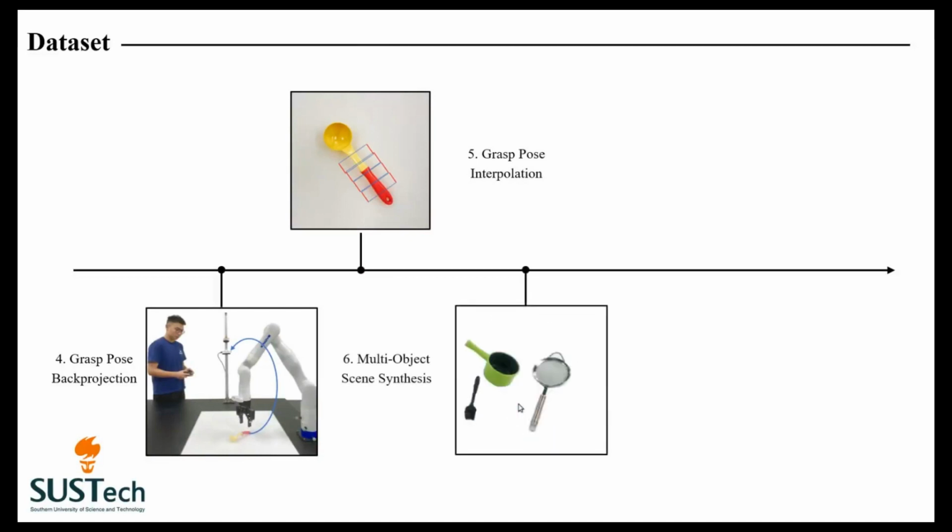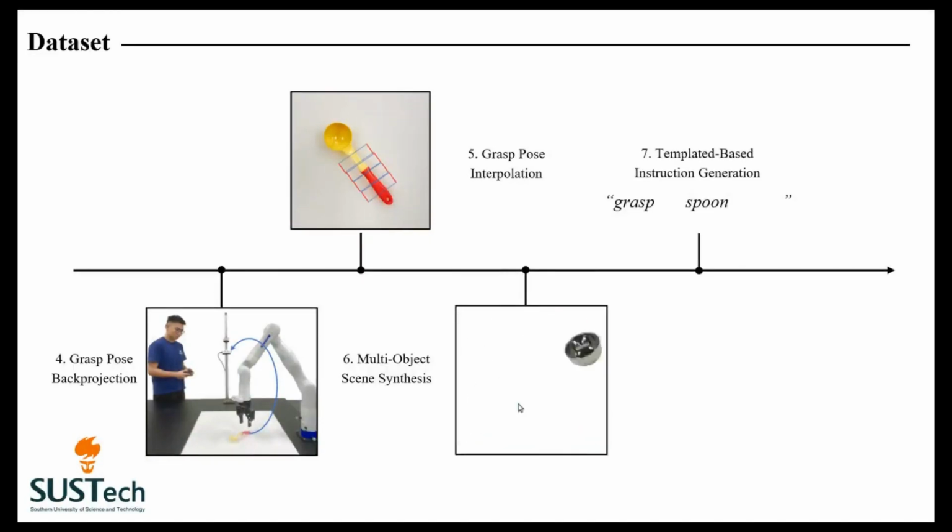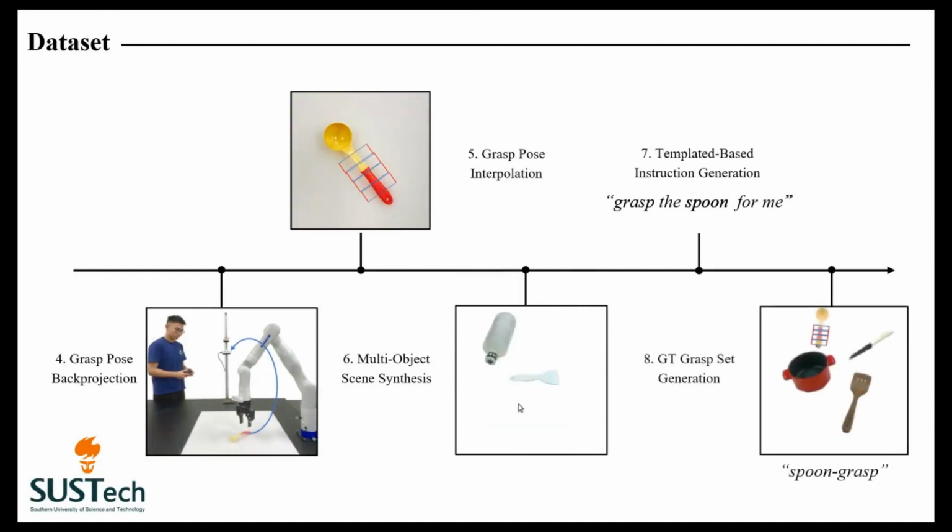Sixth, we sample single object data with random translations and rotations to form a multi-object visual scene observation. In the seventh step, a target object-task pair is selected to produce a template natural language task instruction. Last, grasps satisfying the task instruction are preserved and transformed to form the ground truth grasp set.